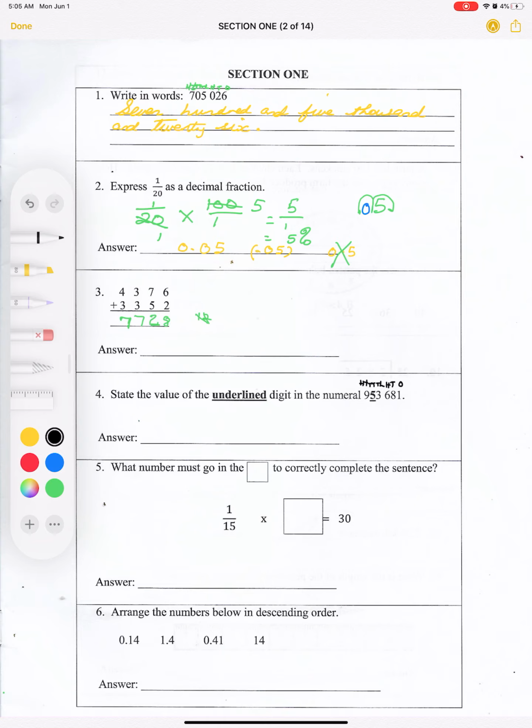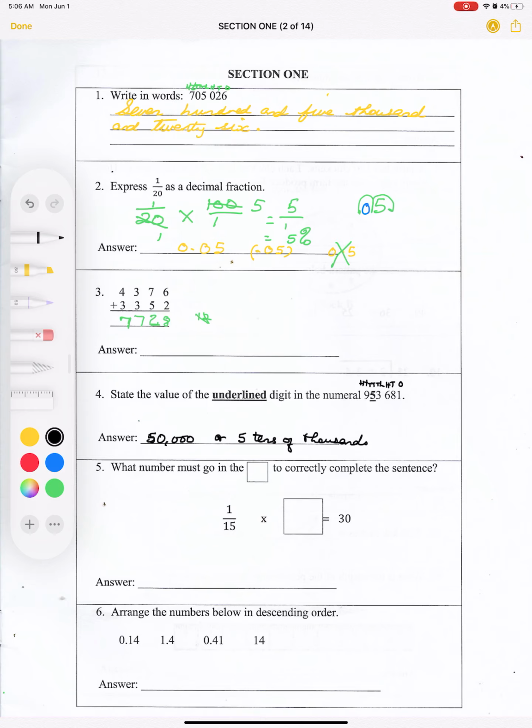So your answer is 50,000 or 5 tens of thousands. They are both correct. Even if you combine words with figures, 50,000, 5 tens of thousands.